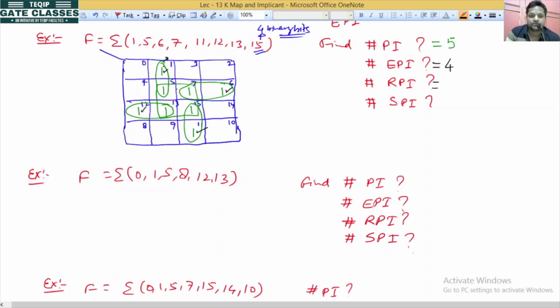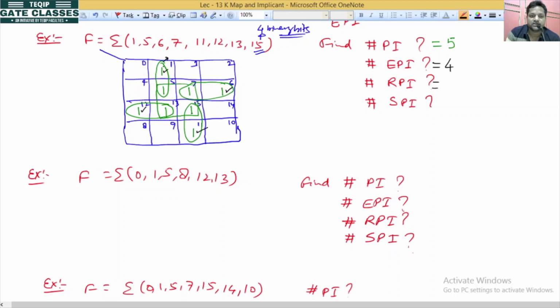Is this quad RPI or not? Let us check. It will be RPI when all the cells present in this quad are covered by some EPI. So this one is covered by EPI, yes.